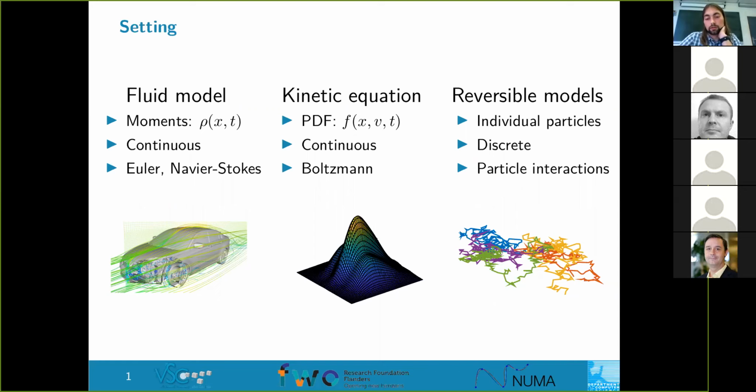You could zoom in very fine and look at individual particles, and then at the finest level you end up with so-called reversible models, where you model individual interactions. You know which particles interact with each other, which collisions they undergo, and then you end up with some paths which could look something like this if you want to plot them.